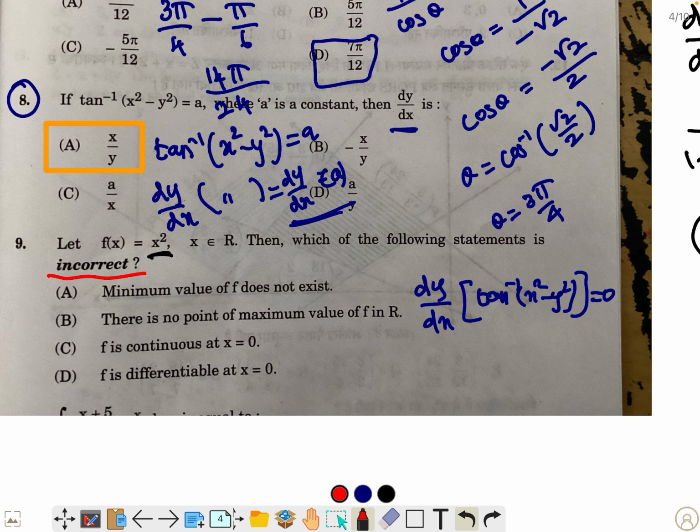Option A, minimum value of f does not exist. Option B, there is no point of maximum value of f in R. And option C, f is continuous at x equal to 0 and f is differentiable at x equal to 0. So obviously the wrong answer is A, because the function does attain a minimum value.